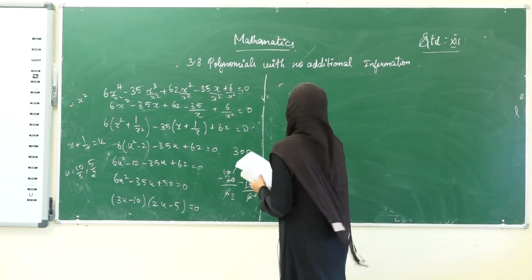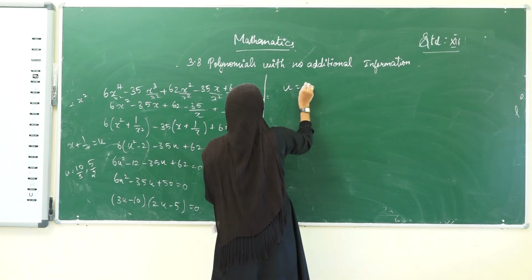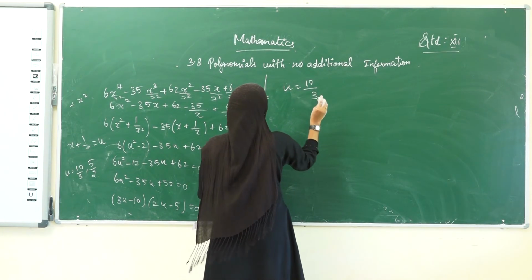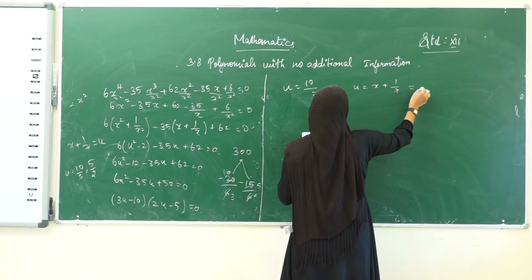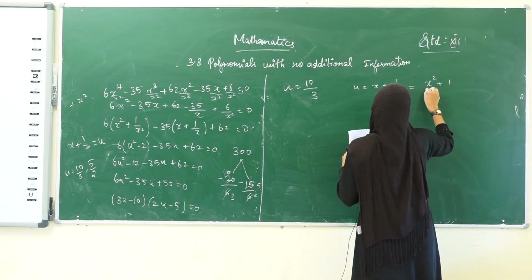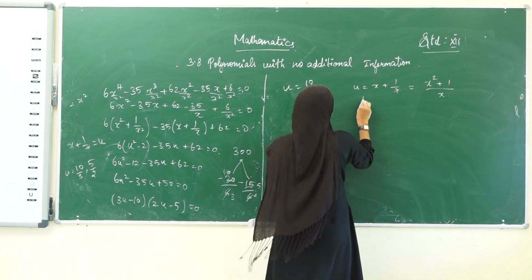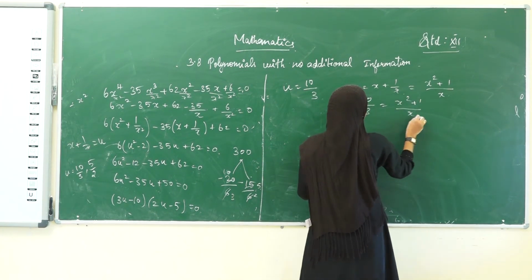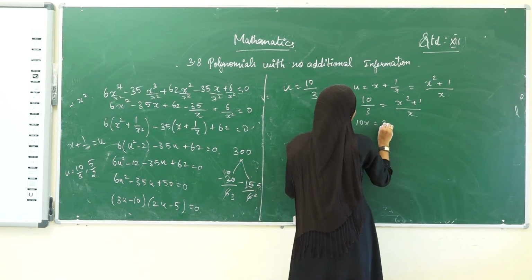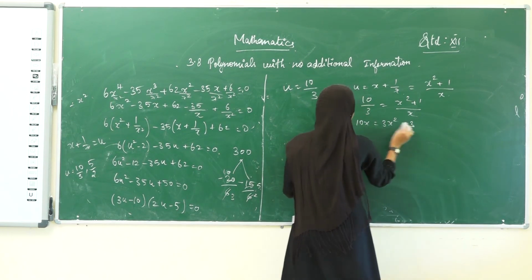Okay, see, when u's value is 10/3, we know u is equal to x plus 1/x, which is equal to (x² plus 1)/x. Substituting 10/3 here, what will we get? 10x is equal to 3x² plus 3.